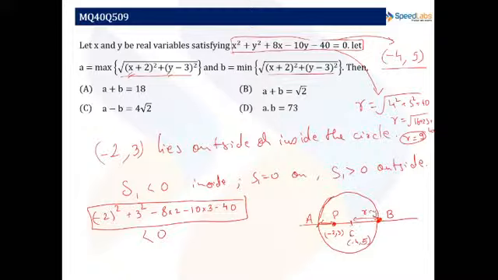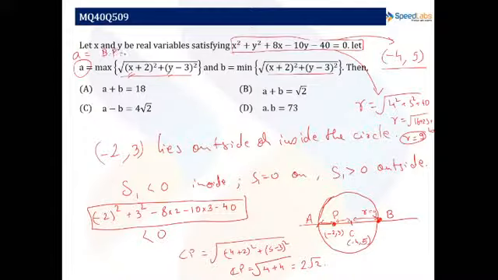Now let's find the distance between C and P. From the distance formula, it will be minus 4 minus of minus 2 whole square plus 5 minus 3 whole square. So CP will be 4 plus 4, it will be 2 root 2.